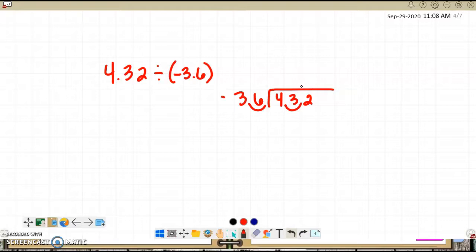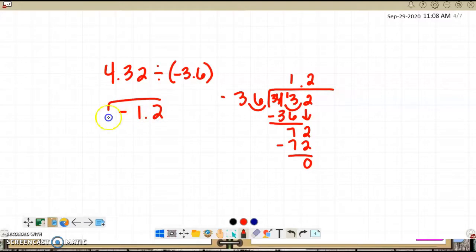So now I can divide like normal. 36 will go into 43 one time. Line these numbers up. I need to regroup. 13 minus 6 is 7. Bring down my 2. 36 will go into 72 two times. And my answer is negative 1 2/10.